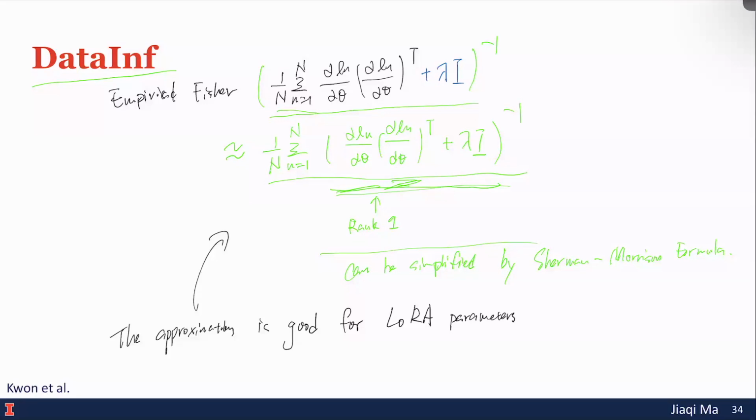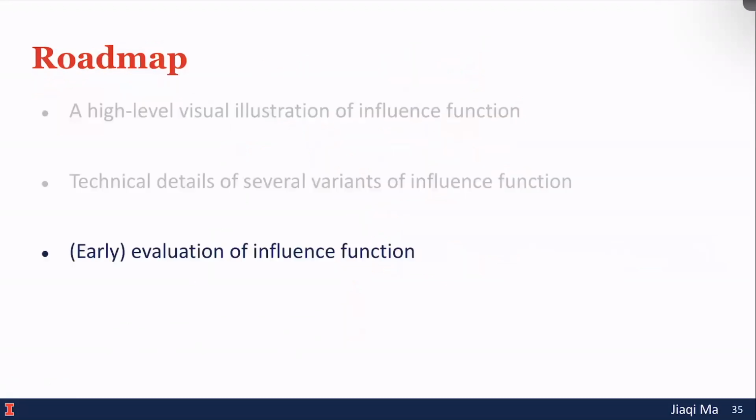Okay, so those are several representative works that try to derive practically feasible influence function implementations. And finally, I'm going to very briefly mention how we should evaluate the efficacy of influence functions.